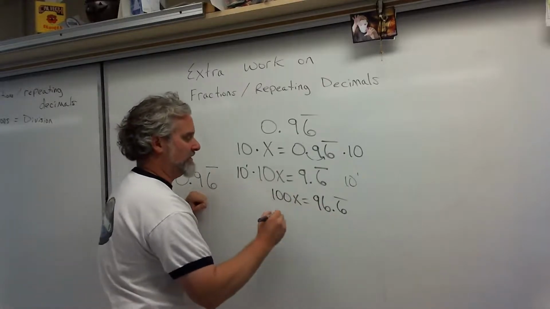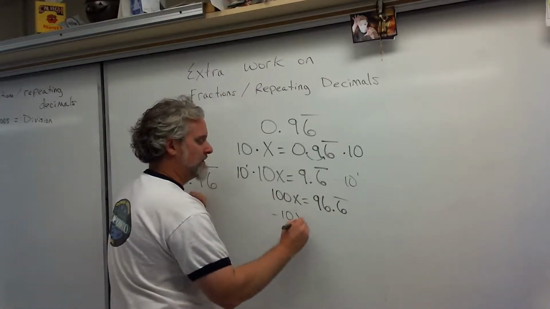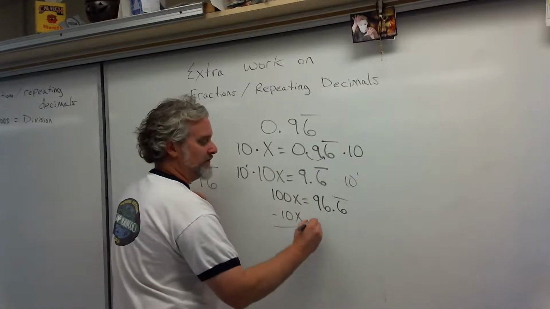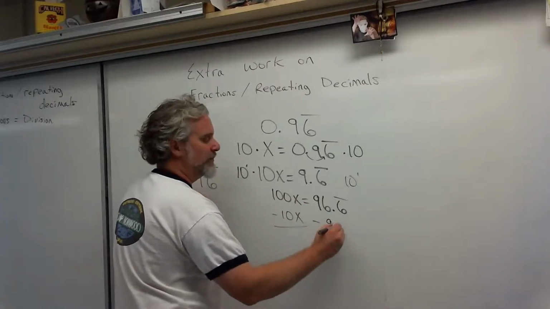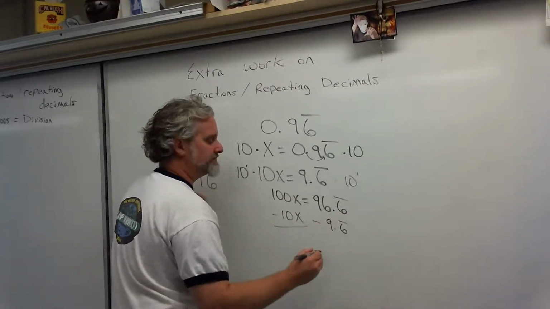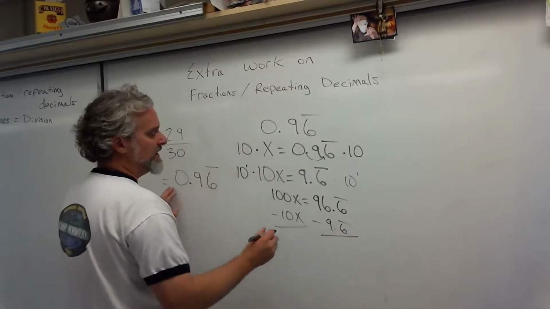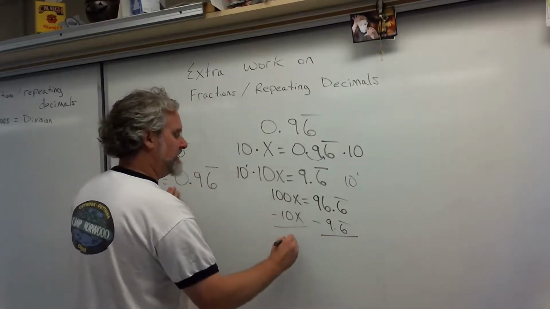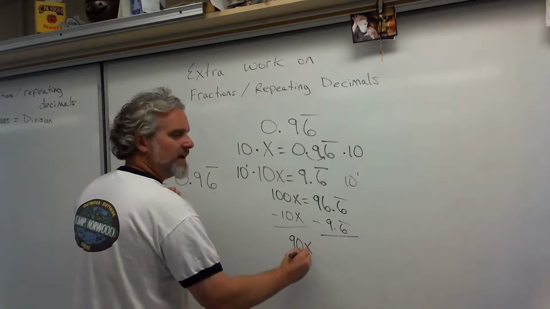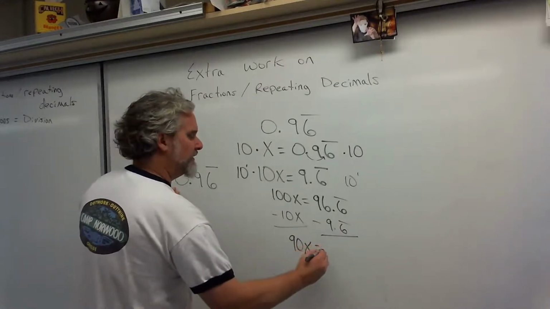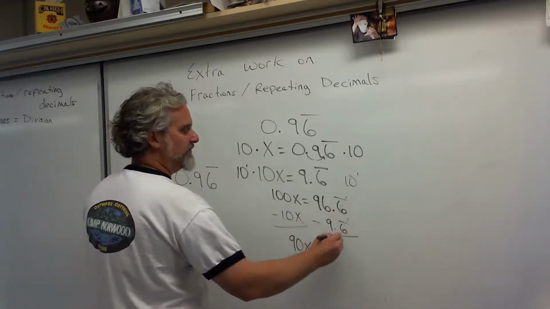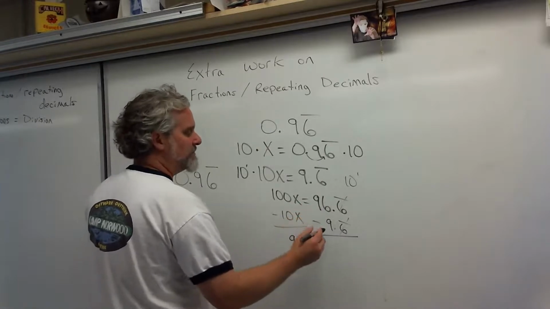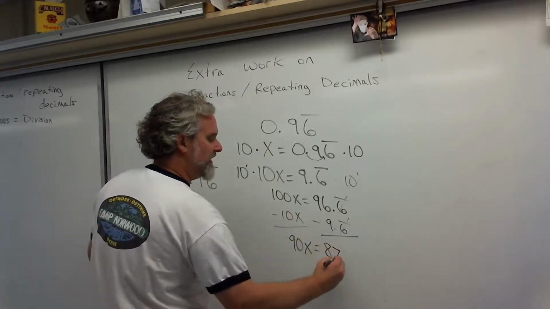So I'm going to subtract 10x from this side, and from the other side, subtract 9.6 repeating. 100 minus 10 is 90, so 90x. Over here, our 0.6s cancel. 96 minus 9 is 87.